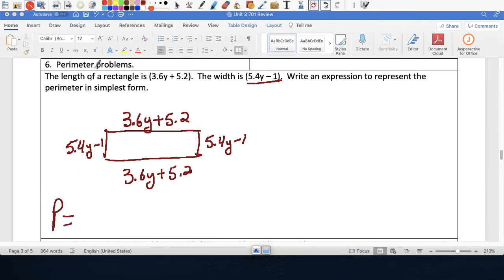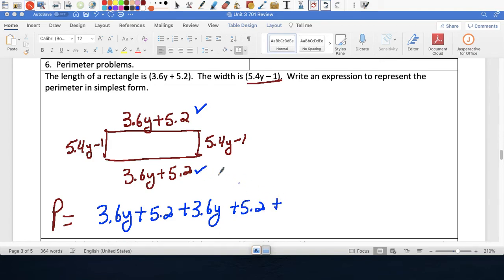Perimeter equals 3.6y plus 5.2 plus 3.6y plus 5.2. There's your second one. Plus 5.4y minus 1. And then this one plus 5.4y minus 1. Can I combine like terms? Yeah, there's a lot.